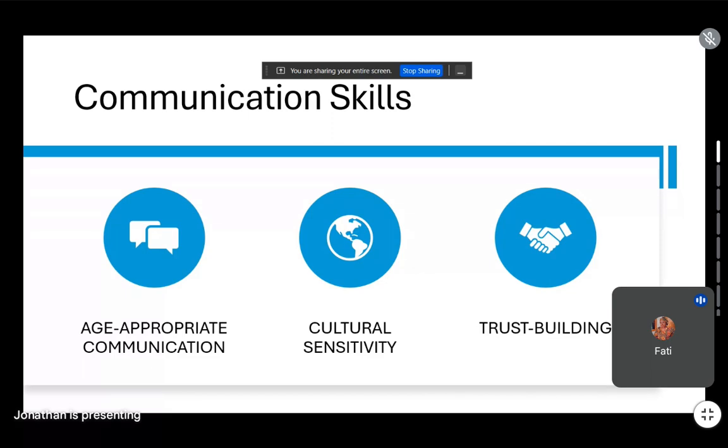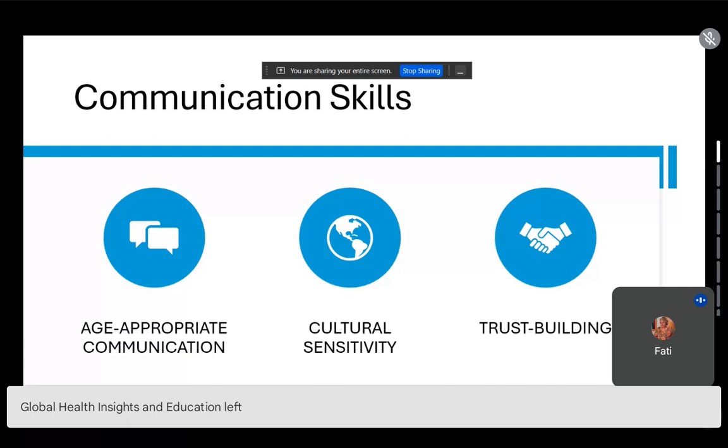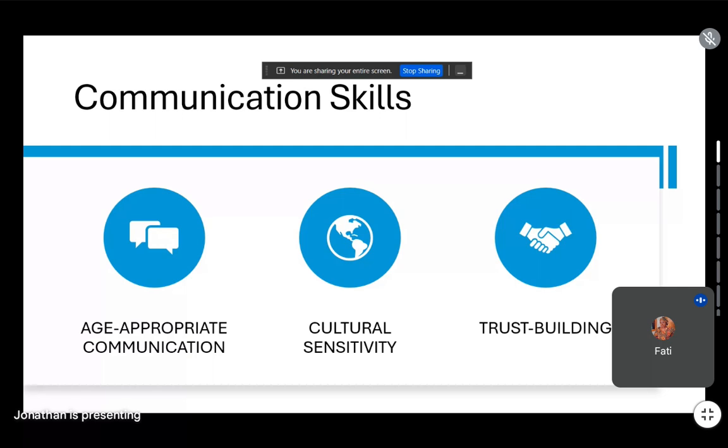So it is not just what you are saying that they are listening to or taking. They are reading meaning into every gesture. So if you are not confident, sometimes they are like, oh, do I actually believe this, what she is saying. But if you are confident, it gives them hope. Okay, so that is also another thing we need to look at.